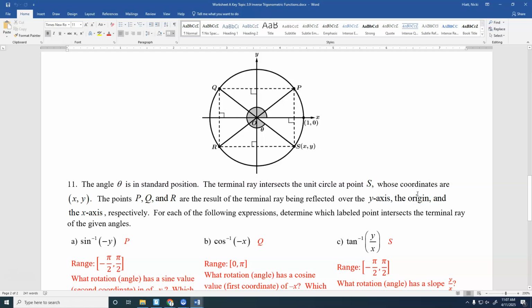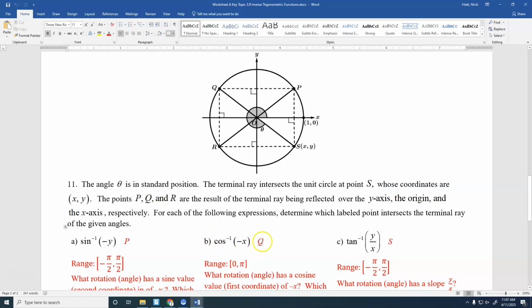I was giving all the answers for all of the quadrants, but I should have restricted it. So I did that wrong on this. If you restrict it for sine, it should only be first and fourth quadrant, and it ends up being P for that. So if you have an extra one, that's my fault. I did that wrong whenever I did the notes. I should have restricted it and thrown out some of my answers.